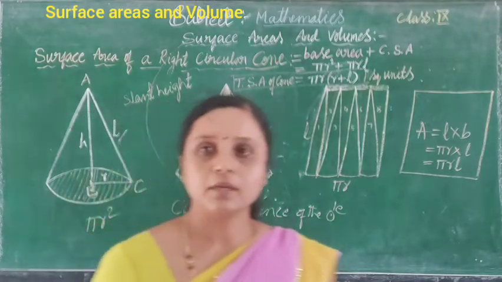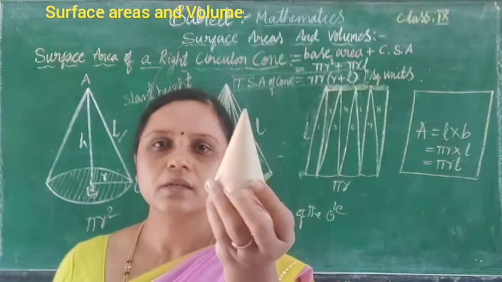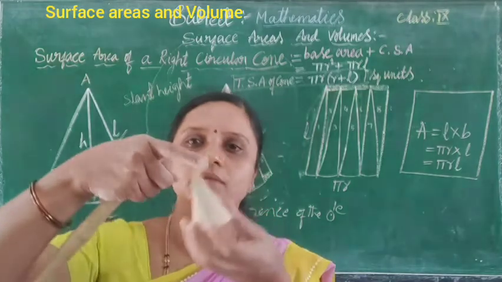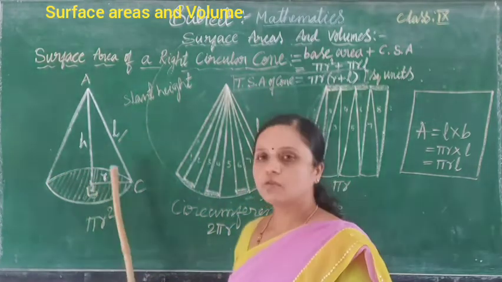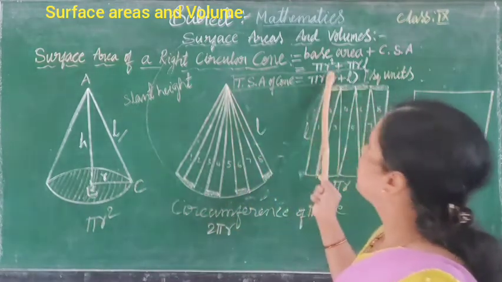Students, I revise once again. The area of this cone is divided into 2 parts. One is base area and another one is curved surface area. This base area looks like a circle, therefore the area of the circle is pi r square.